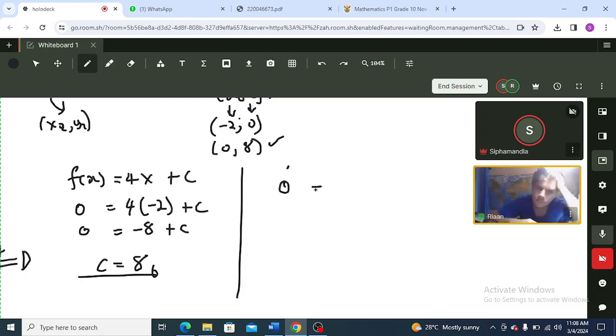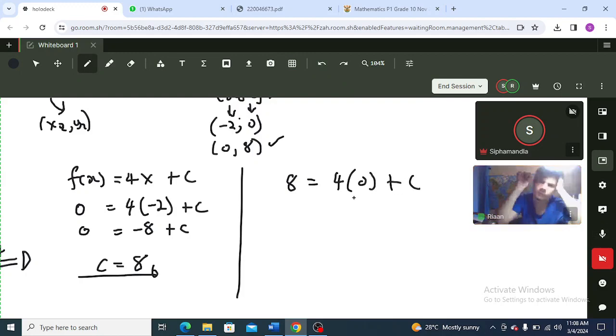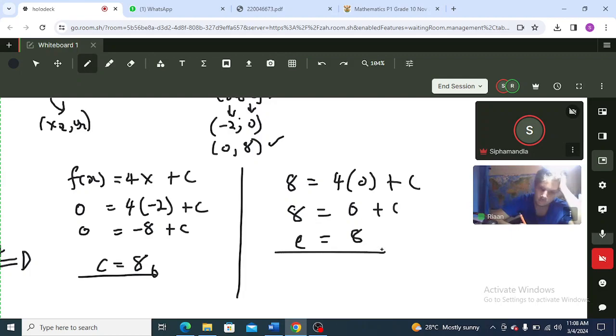So we have 8 equal to 4 times 0 plus c. Then 8 equal to 0 plus c. So you can see that c will also be equal to 8. So it doesn't matter which coordinate you're using, you'll always get the same value, right? But you need to use one of them, right?